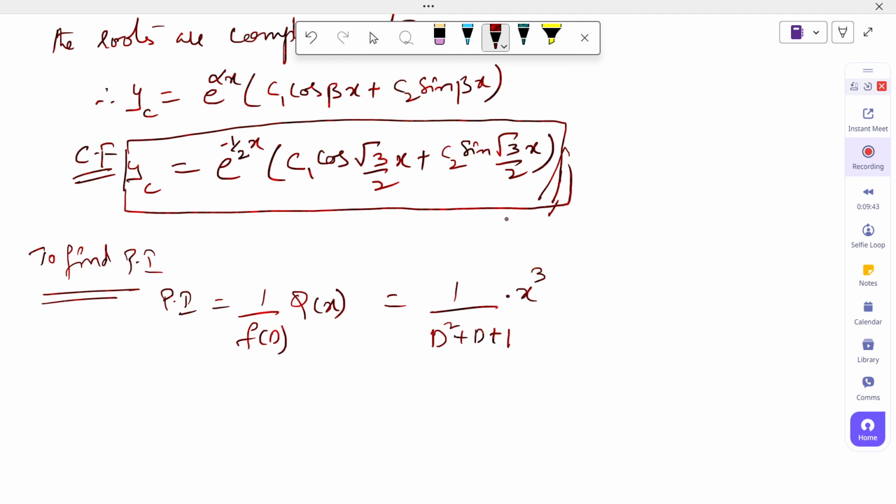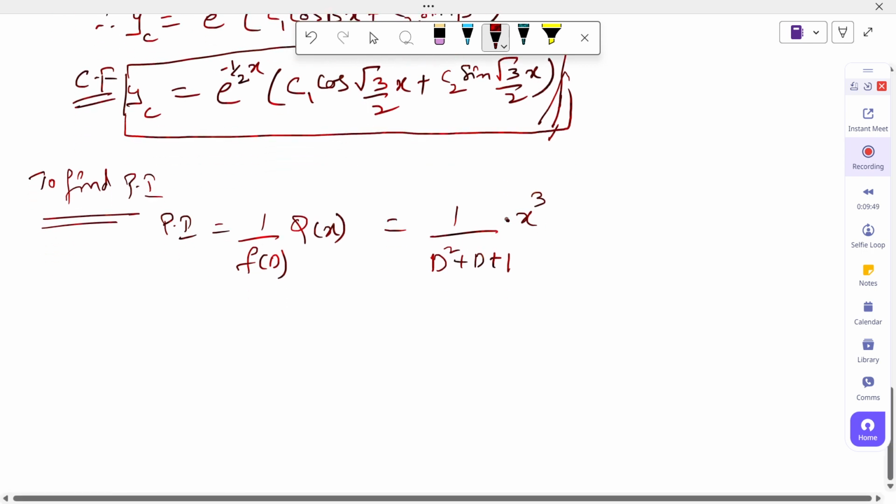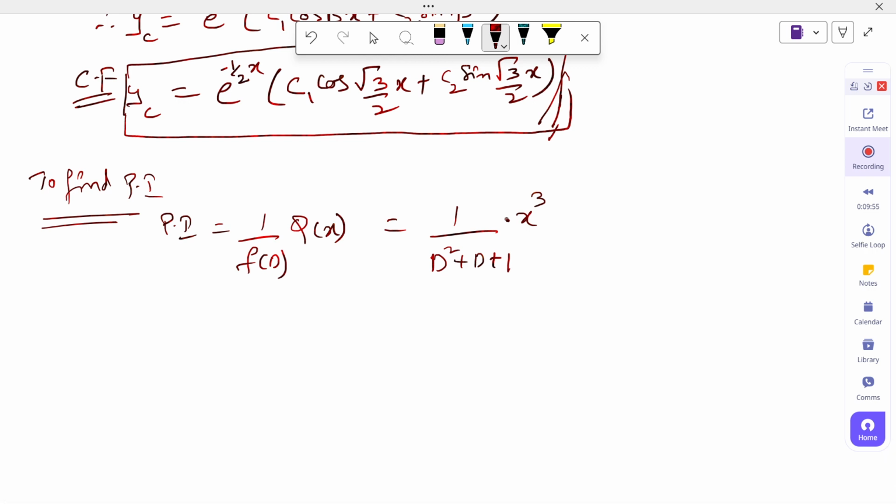Now this denominator we have to write in the form of 1 plus or minus phi of D. So 1 is already there, and these two terms will make our phi of D, which is equal to 1 divided by 1 plus D square plus D, into x cube.